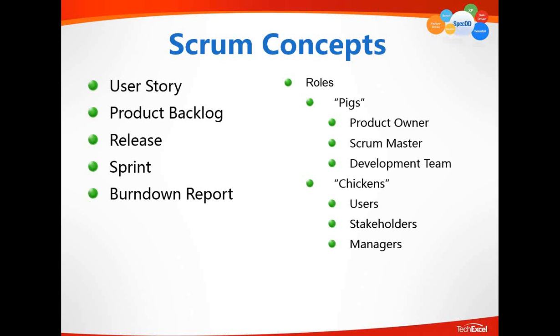So the story starts like this. One day, the pig and the chicken are walking on the farm, and the chicken suggests, let's open a ham and egg restaurant. The pig paused and thought about that.